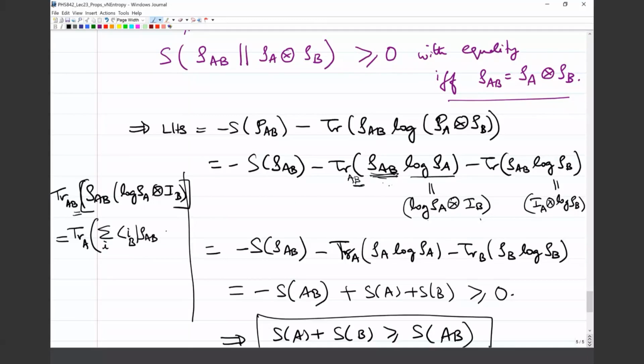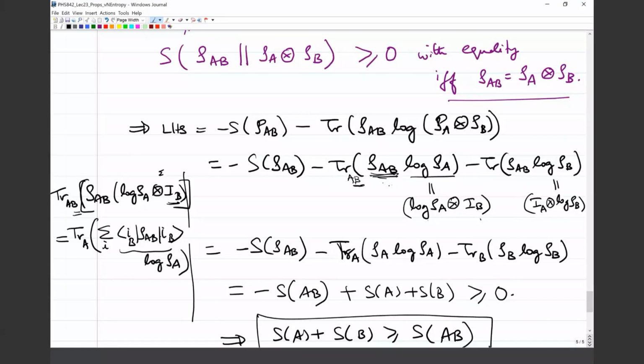Of course, I have to write the whole thing here, log rho A tensor I_B, etc. But the tensor I_B, if I expand in the same basis, is really not going to contribute anything. It's only going to pick out that basis element again. So effectively, this will become trace over B of rho AB times log rho A.